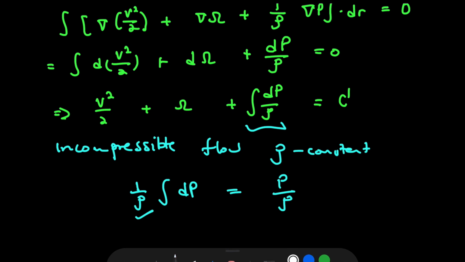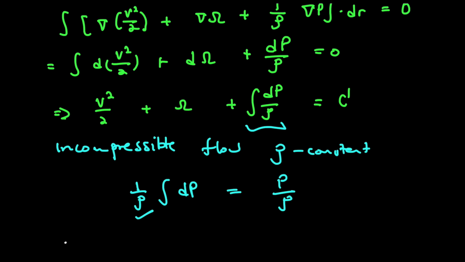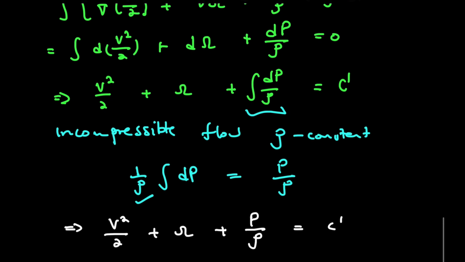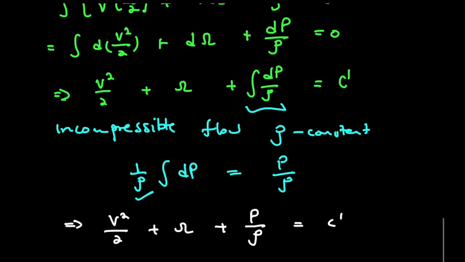So what does our equation boil down to? We've got v squared over 2 plus omega plus p over the density, the pressure over density, then that's the integration constant. So voila, we have arrived at Bernoulli's equation.